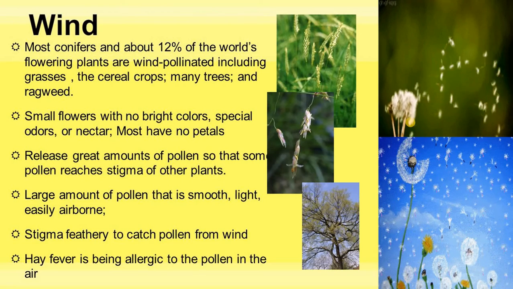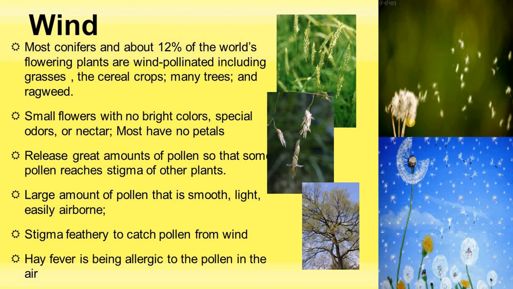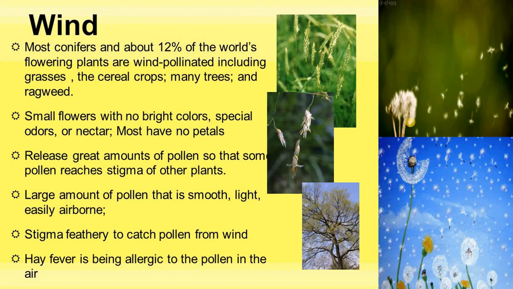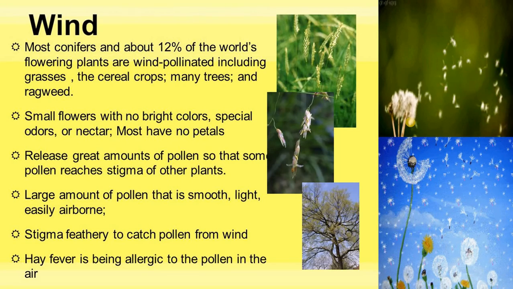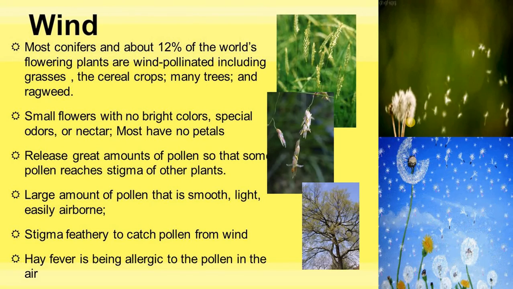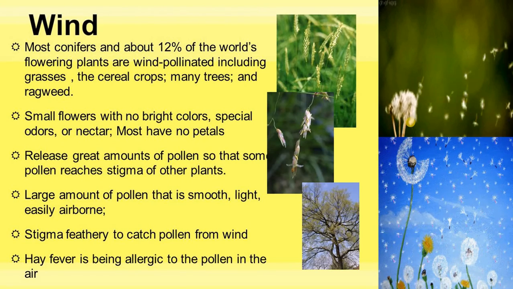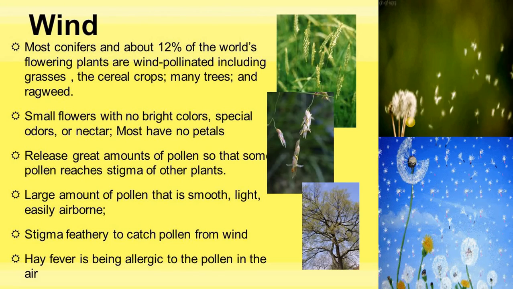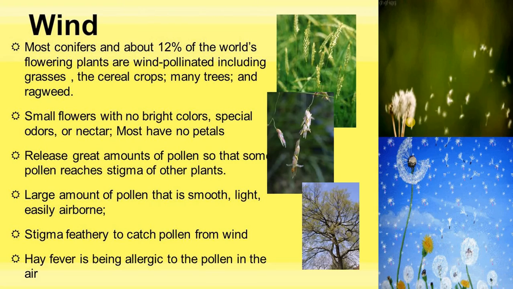They have anthers that hang outside the flower to catch the wind. They produce large amounts of light, small pollen grains which can blow in the wind. They also have spreading and feathery stigmas to catch the airborne pollen grains. So what are the examples? Examples are grass, maize, rice, sugarcane, bamboo and palms.